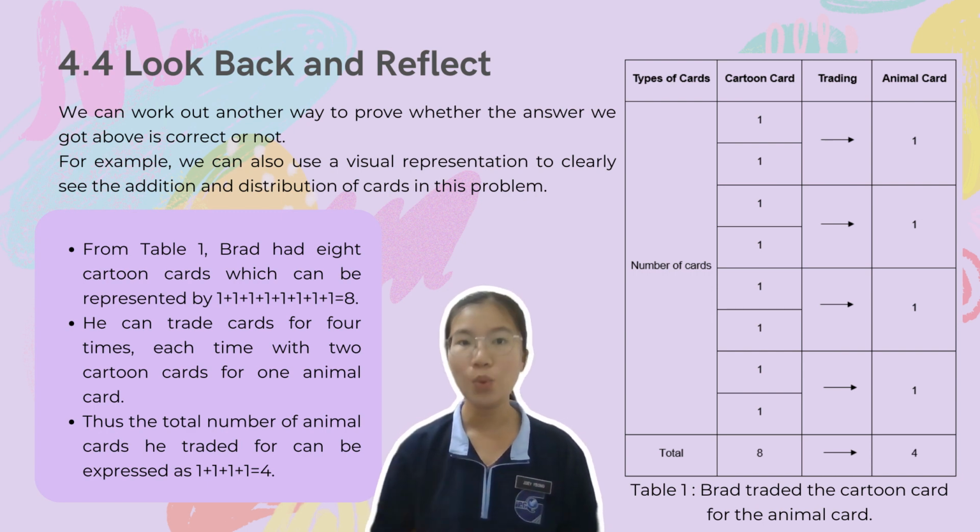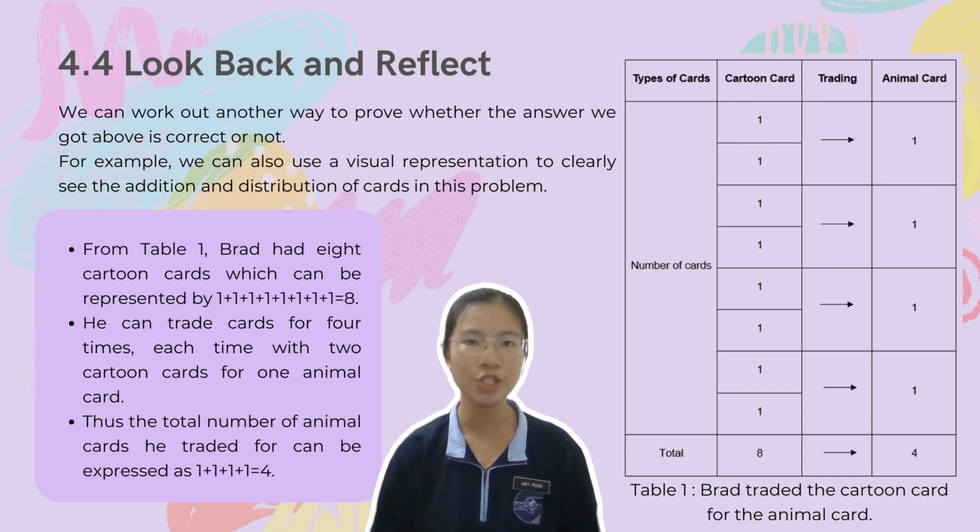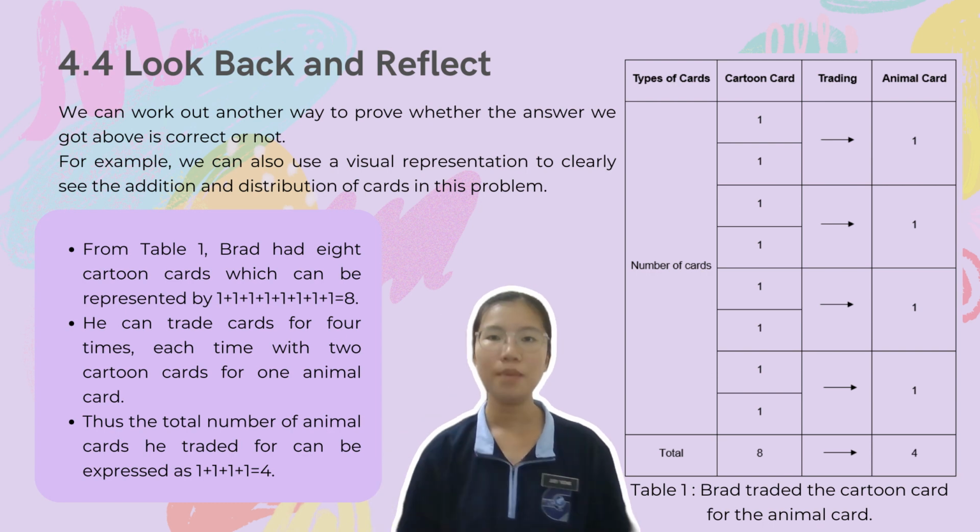We can work out another way to prove whether the answer we got above is correct or not. For example, we can use a visual representation to clearly see the additions and distributions of cards in this problem. Table 1 shows Brett trades the garden cards to animal cards.